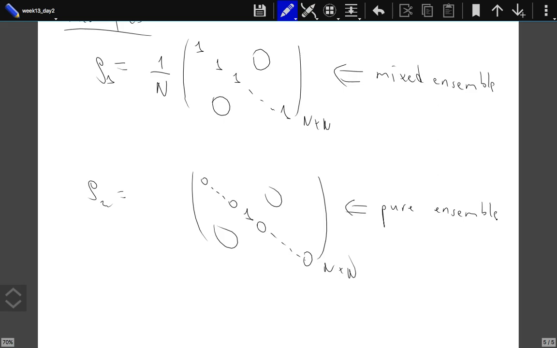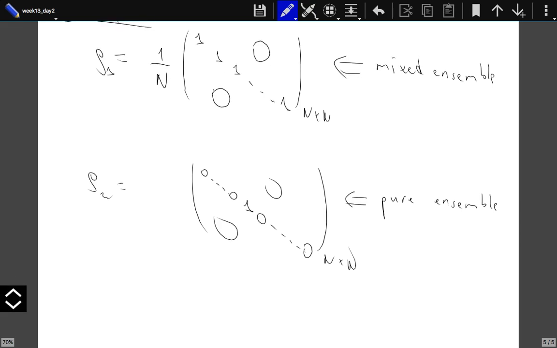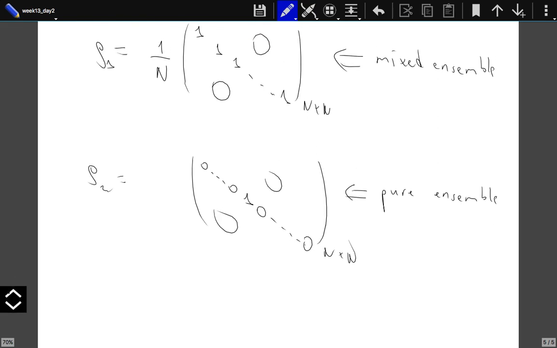If it is less than 1, it is a mixed ensemble. But then there is still the question, how mixed? How can we quantify the mixedness, let's say? Now let's look at this quantity. Let me call it.